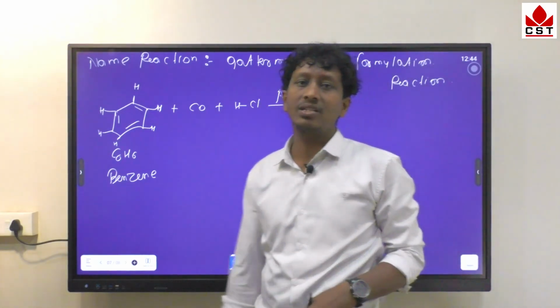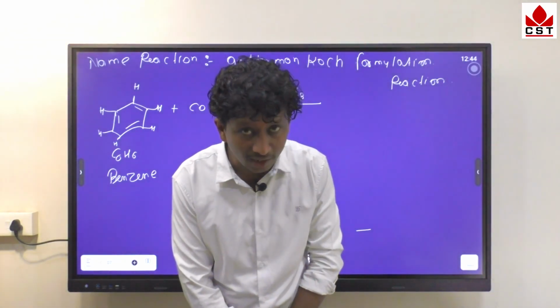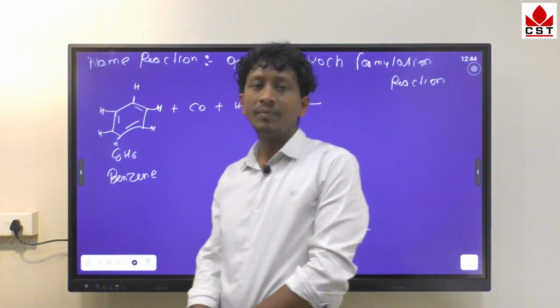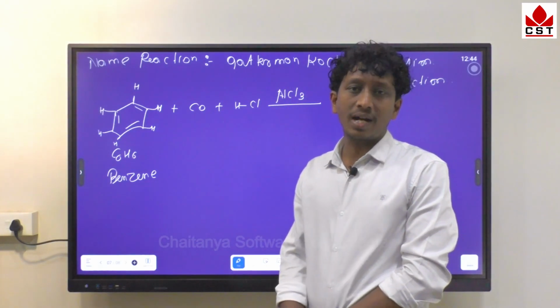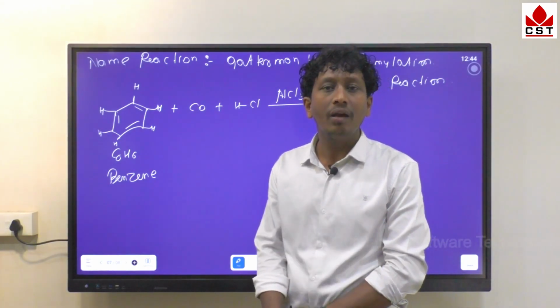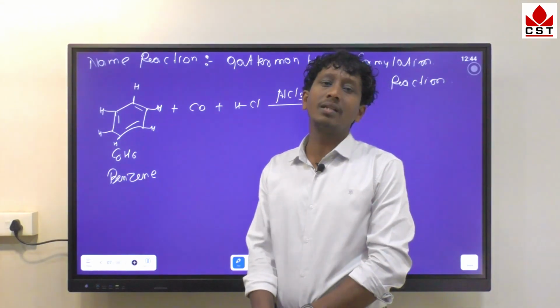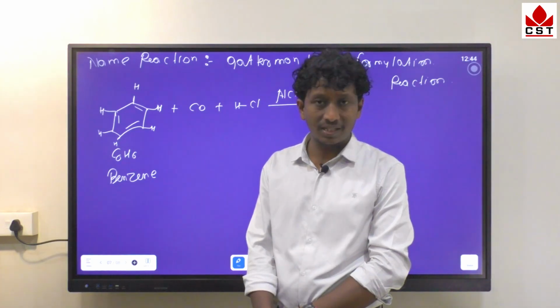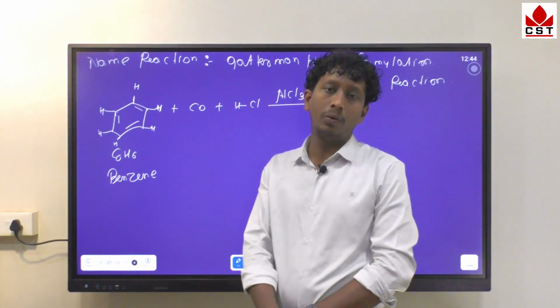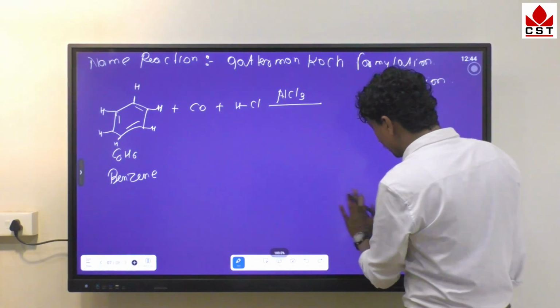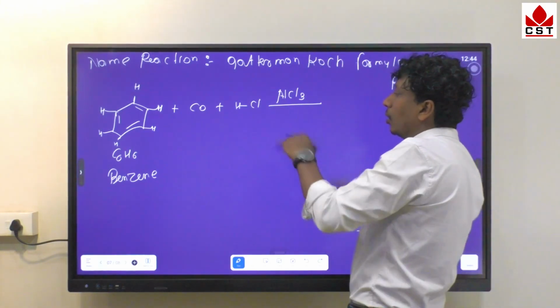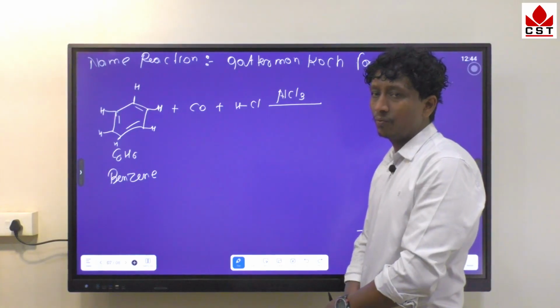What is the role of that AlCl3? AlCl3 is aluminum trichloride, and aluminum trichloride is a Lewis acid. So what is a Lewis acid and what is its role? A Lewis acid is a lone pair acceptor. In the reaction, the Lewis acid accepts the lone pair, forming the electrophile.